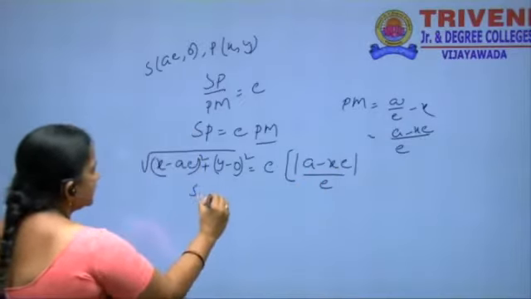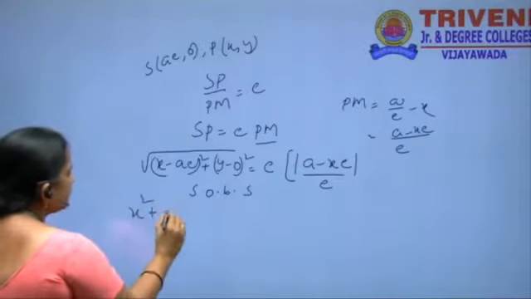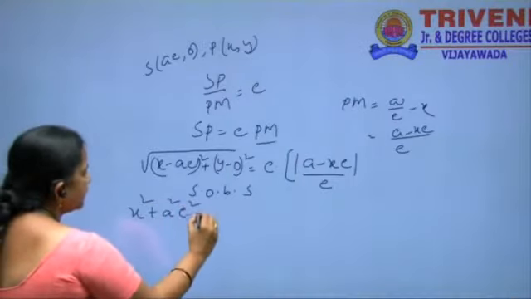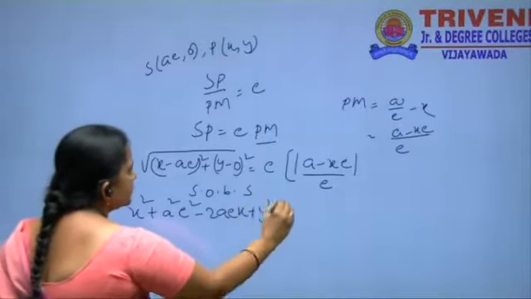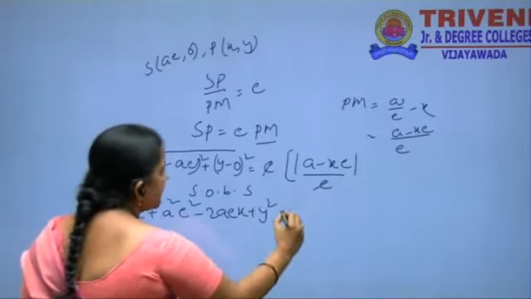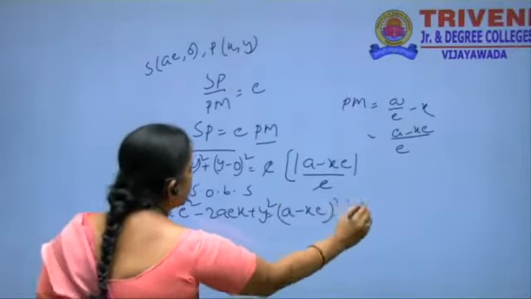Root is there, then squaring on both sides we get x square plus a square e square minus 2aex plus y square. Here e gets cancelled, equal to a minus xe whole square.